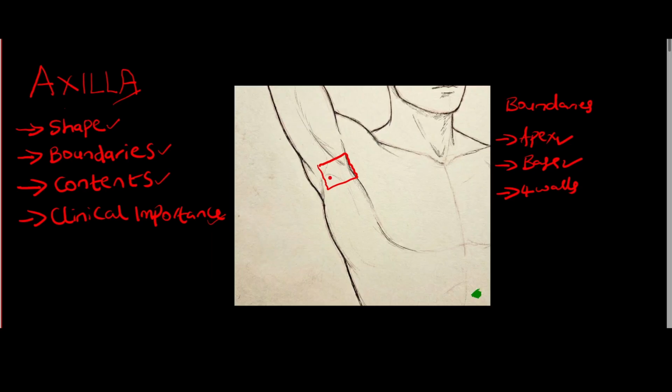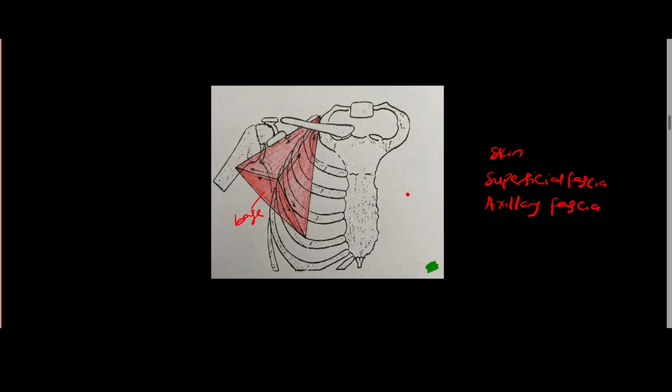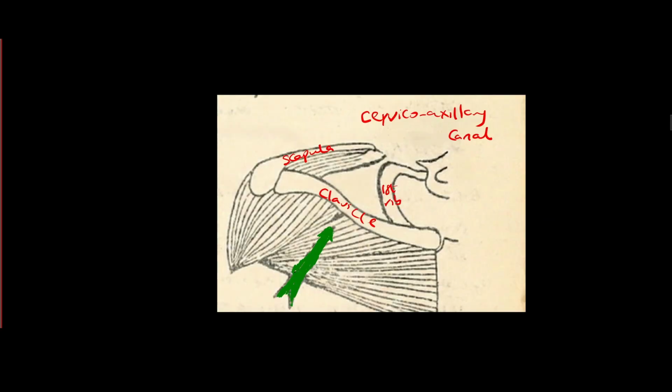Now the base of the axilla is formed by skin, superficial fascia, and axillary fascia. So these structures form the base of the axilla. Now let's look at another diagram to show us better the base of the axilla.